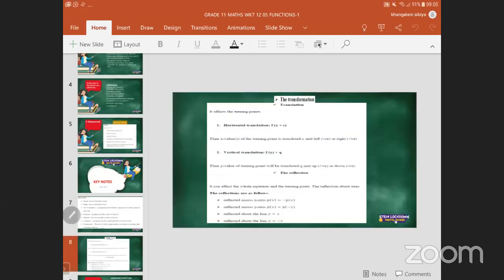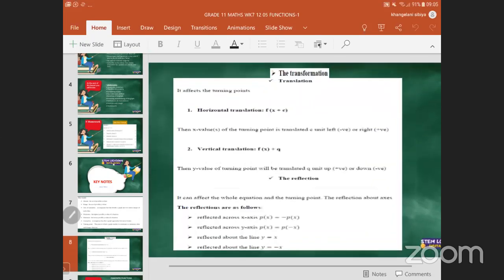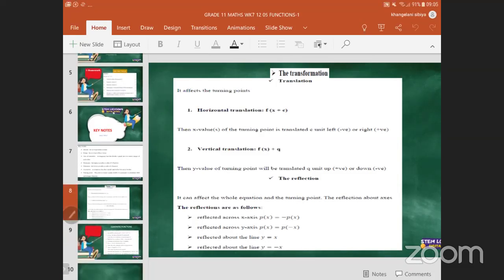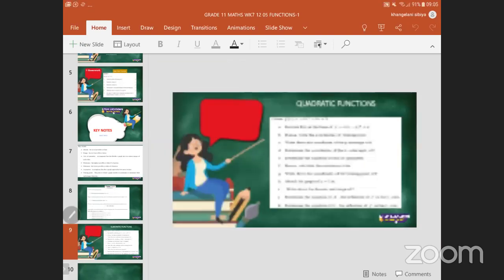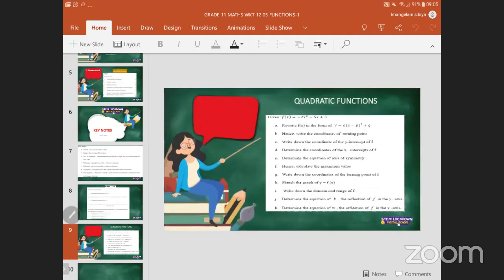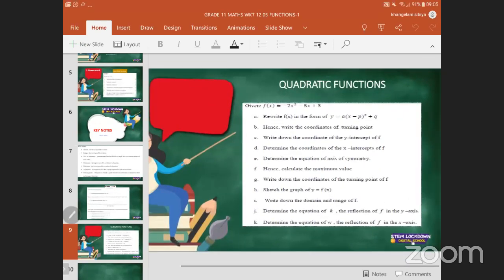Then we also covered what we call transformation, where I looked at horizontal translation, vertical translation, reflection across the x-axis, across the y-axis, right? But okay, that is where we ended yesterday. We're busy with this sum.